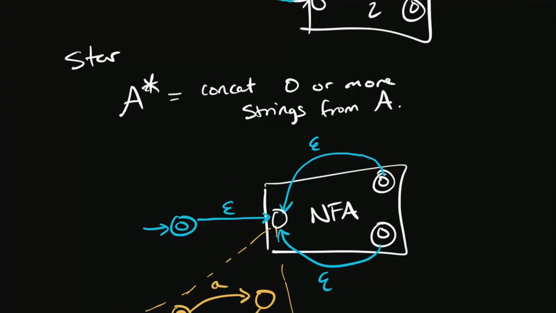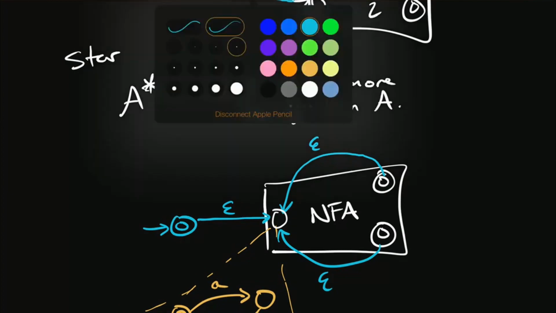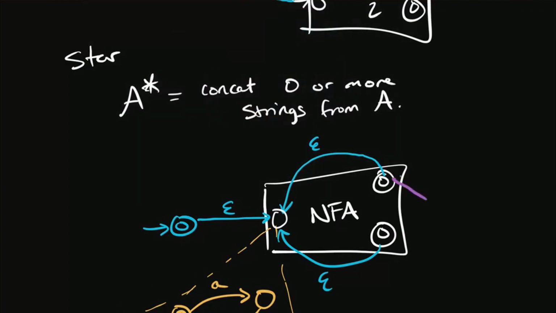Let's just say that we are currently at this state right here, the one that I put an arrow on in green. That is a final state, for sure. And let's just say that I'm not going to read any more after this. So we're completely done reading the input. Do I have a way of accepting from that state?